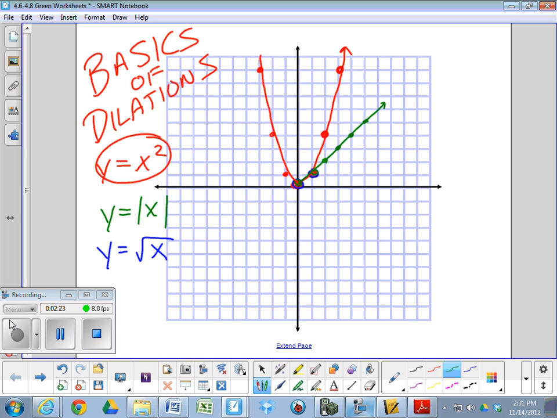Whatever the x is, the y equals it. On the left side, however, the absolute value of -1 is 1. The absolute value of -2 is 2, -3, -4, -5, 5. On this side, it's y equals -x.